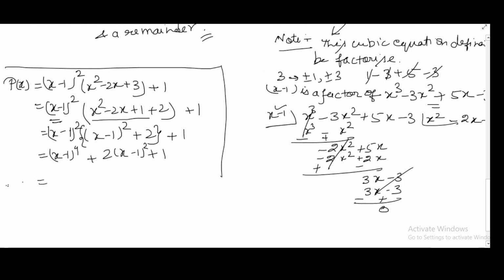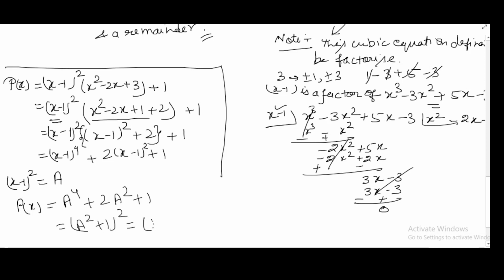And in all, if we consider x minus 1 whole square as capital A, then we can get px equal to a to the power 4 plus 2 a square plus 1, and you can see that this is a square plus 1's whole square.